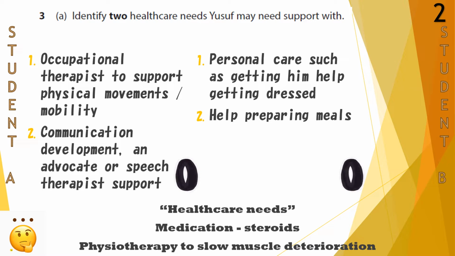That's normally more the social care side. When you're released from hospital, the occupational therapist will make assessments on adaptations that need to be made at home to assist with mobility, whereas a physiotherapist is more healthcare, physically helping with his muscle movements.